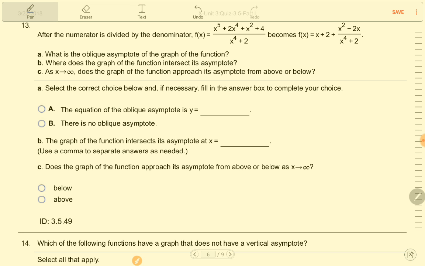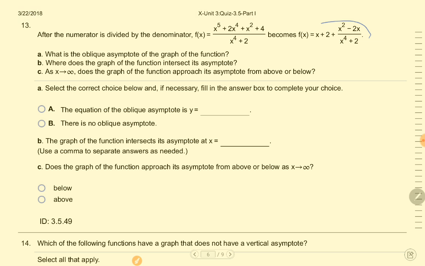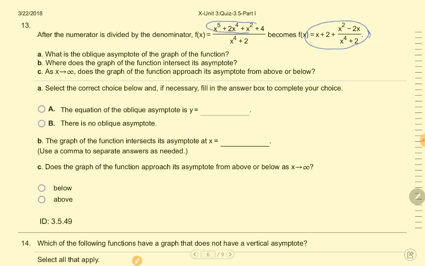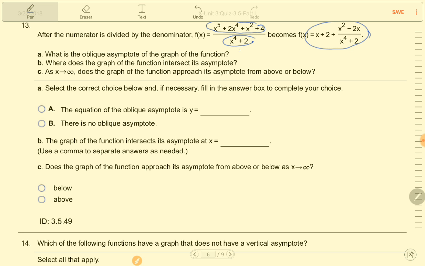Well, we don't even have to do the division. What a nice problem. It tells us right here what happens when we divide this polynomial by this polynomial. It results in this quotient, and this is the remainder, which we can disregard.